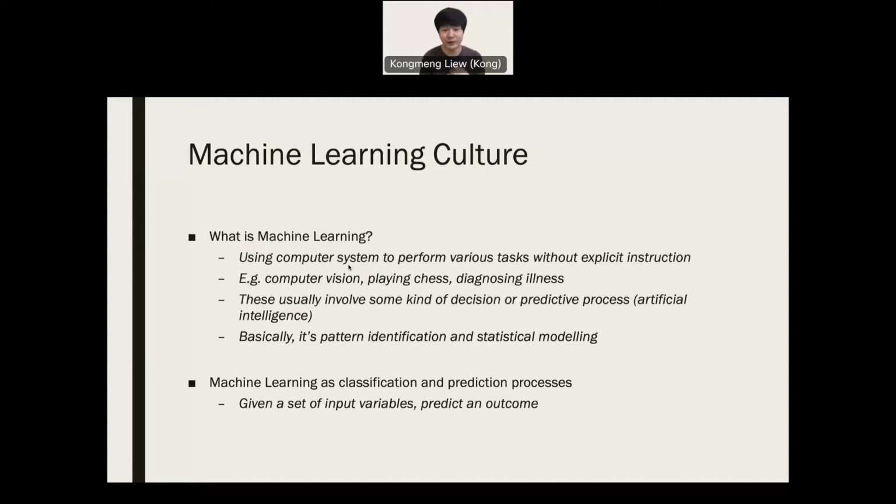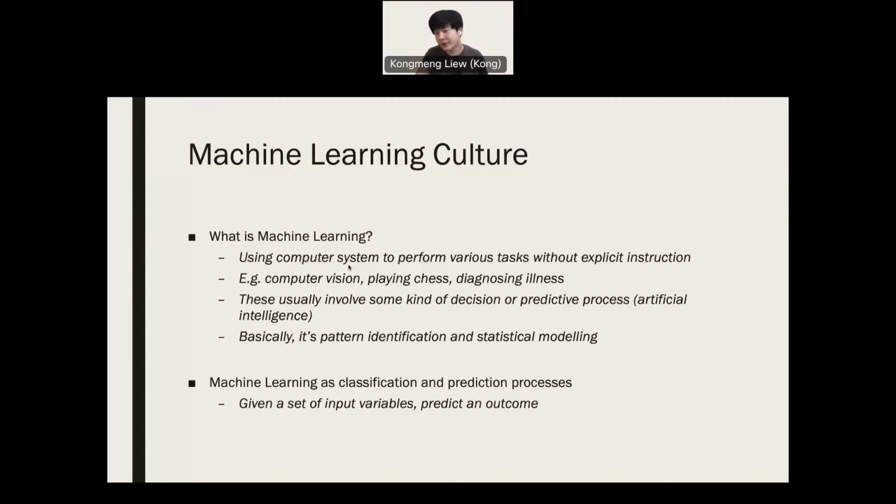There have been some models developed to play chess against humans. And I think in medical research, we see a lot of machine learning being used to look at radiograms, to look at patient histories, and to try and diagnose illnesses or even mental illnesses sometimes from these kinds of big data sets.